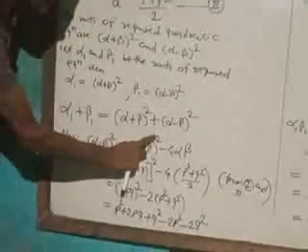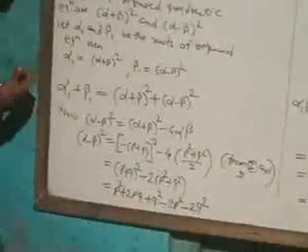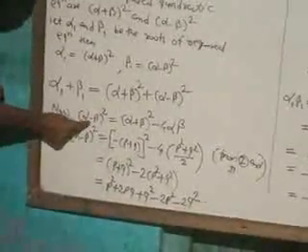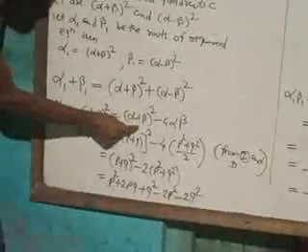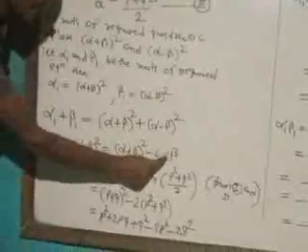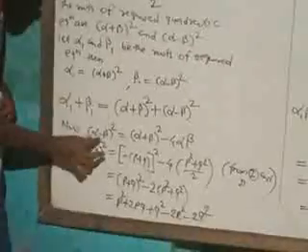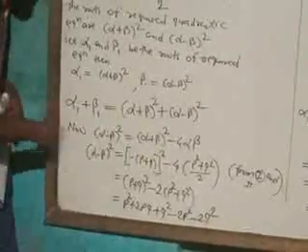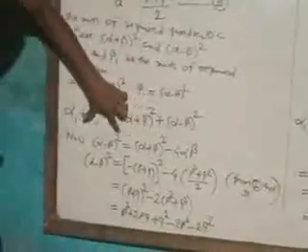Now (alpha minus beta) bracket square equal to (alpha plus beta) bracket square minus 4 alpha beta, because here the middle term is minus 2 alpha beta, here the middle term is plus 2 alpha beta. Therefore if we take minus 4, then plus 2 and minus 4, minus 2 alpha beta, these two terms are equal. Then (alpha minus beta) bracket square equal to this adjustment we make here.